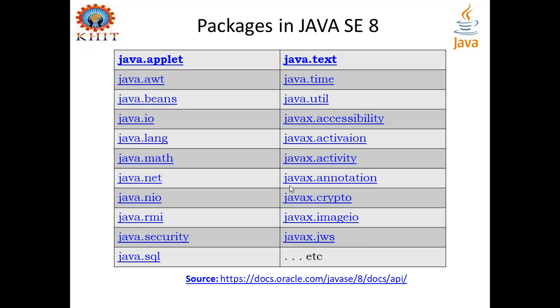Some of the important packages are listed here for you. java.applet is helpful in designing applets for graphical user interface programs. Then the AWT, beans, io, lang, math, net, nio, rmi, security, sql, text, time and util packages, and those that start with javax, such as javax.accessibility and javax.activation.